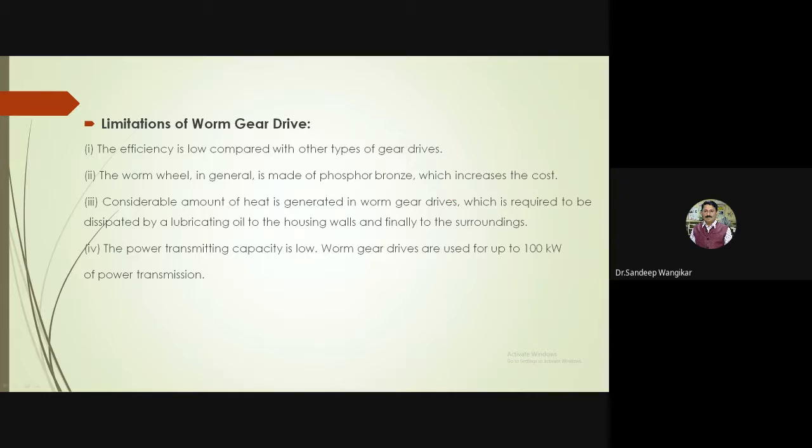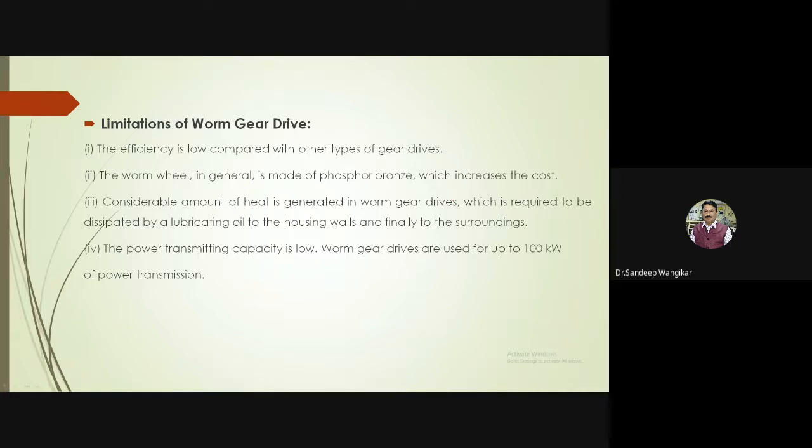Then a considerable amount of heat is generated in worm gear drive, which is required to be dissipated by lubricating oil to the housing walls and finally to the surroundings. Here I have already given you an idea about thermal considerations. The efficiency is less and heat is generated as there is a sliding motion between the worm and worm wheel.